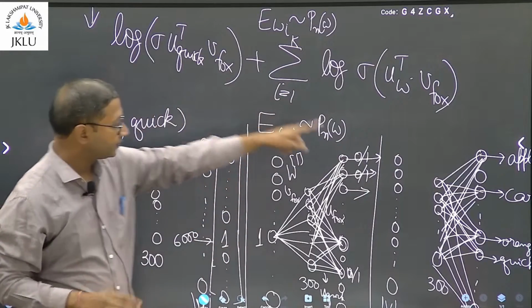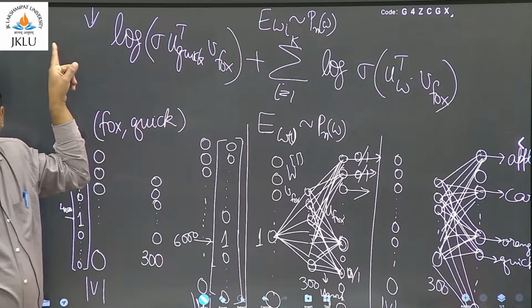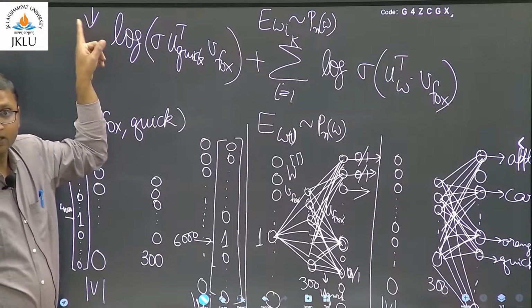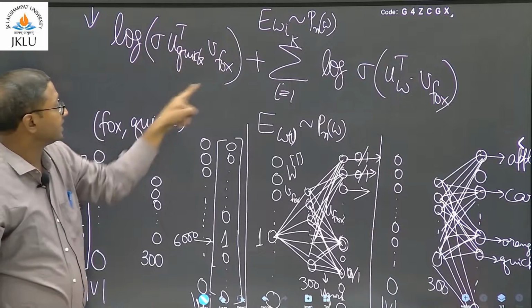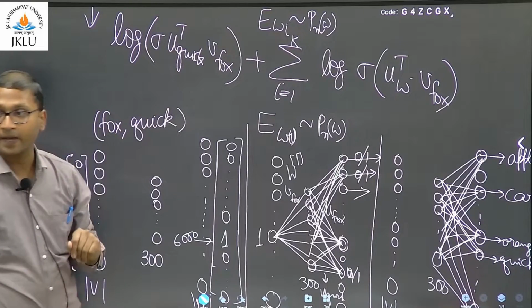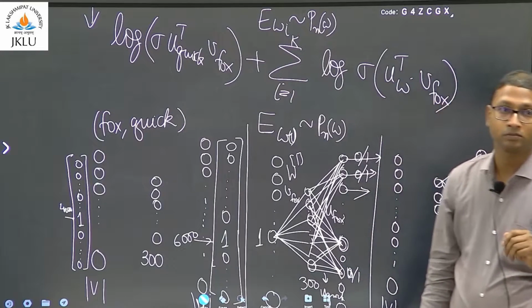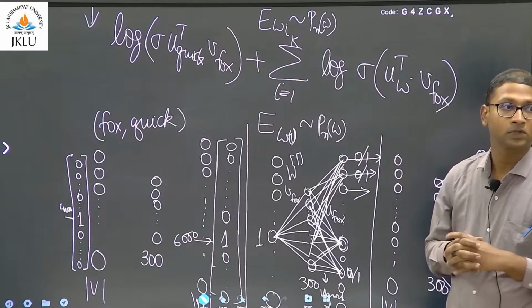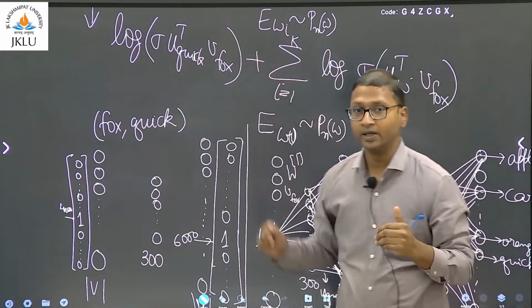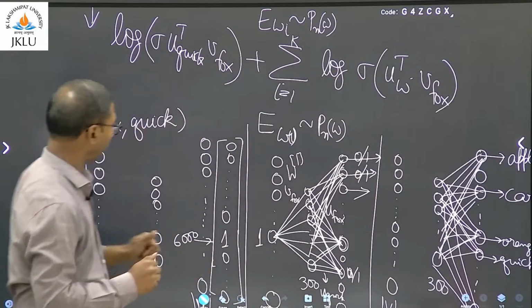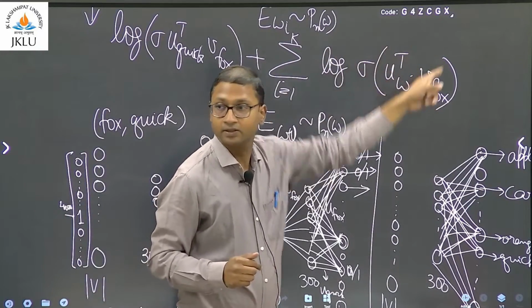So what will be there on the other side? The other side is a summation: 1 by T, summation t equal to 1 to T, summation minus c to c, j not equal to 0, this thing, where the context word will be replaced by w at t plus j, and the focus word will be t. So the focus will be t and the rest everything is like this.